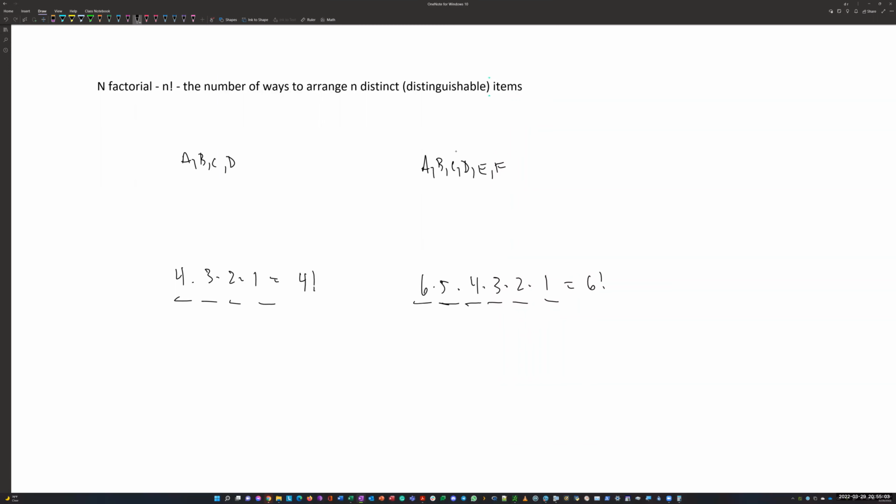This is called 6 factorial. This is 24. This is 720, but people start writing it like this because they don't want to write it all out. And it's faster. Does that make sense? Yep. Does that make sense, Teresa? Yes.